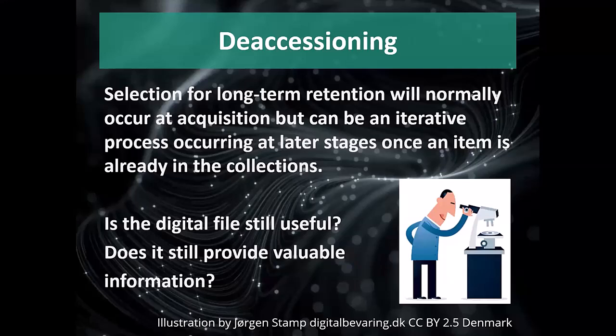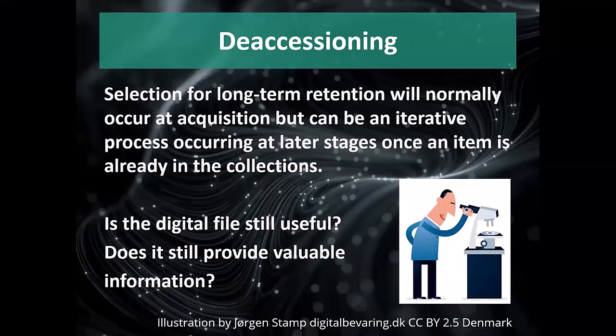As with your physical objects, you still need to think about deaccessioning with digital items. So usually deaccessioning is something you're going to think about at the time you acquire it. Are you actually going to go ahead with the long-term storage of this particular item? But considering whether you're retaining it can be an iterative process.